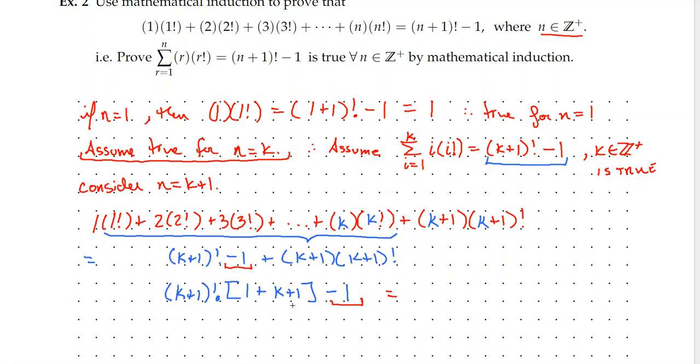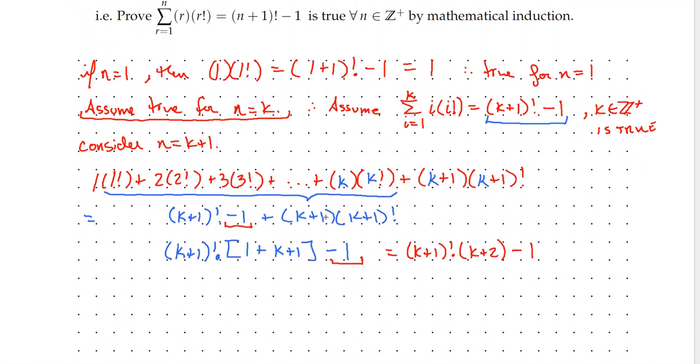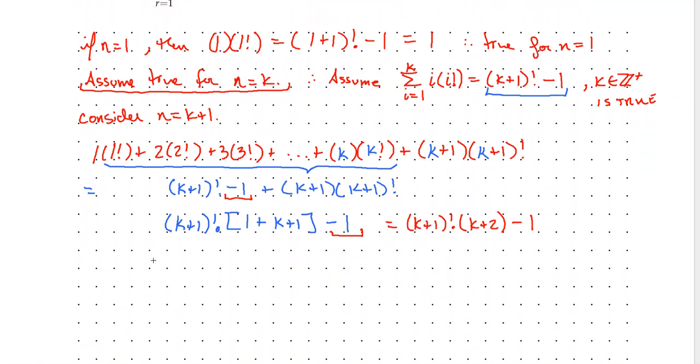Now, if I consider this, this is really then k plus 1 factorial times k plus 2, minus 1. And if I rearrange that further, then that's really k plus 2 factorial minus 1.